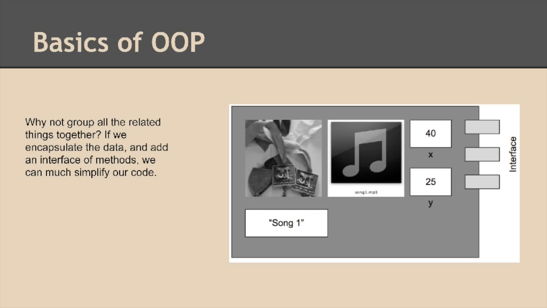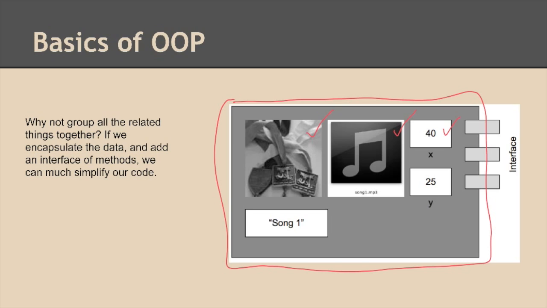So in an object-oriented paradigm, what we're going to do is create a class that encapsulates all that information into one unit. So this box represents a song class, and it will hold inside of it the song itself, but also the image, location, and caption for that song.